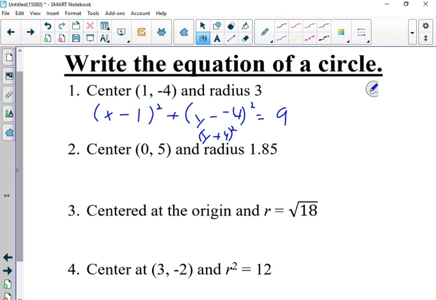Okay, number 2. Remember, when we see 0, that's just going to be x squared plus y minus 5 squared equals, well, we need a calculator, so we take the calculator and do 1.85 squared. Which is 3.4225.